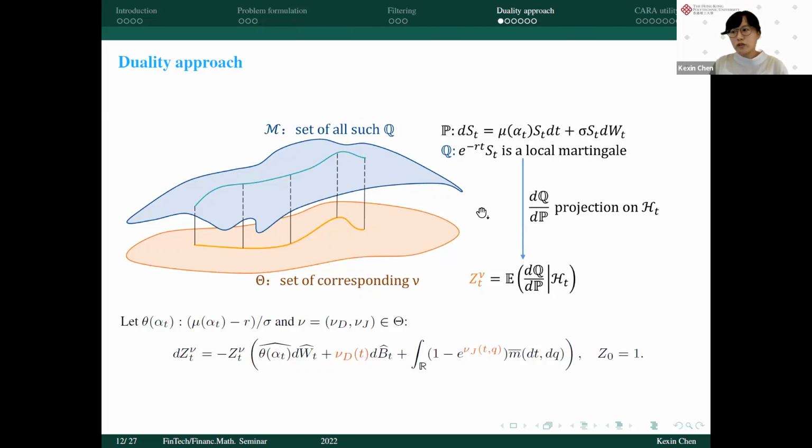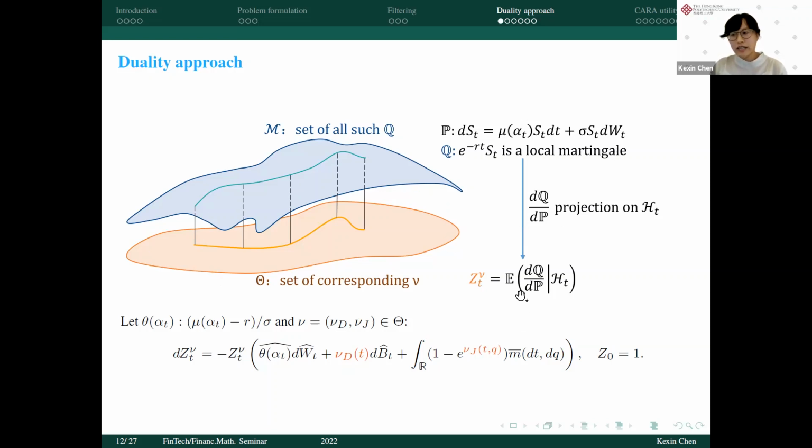And with partial information, the key is to find the projected Radon-Nikodym derivative of Q with respect to the original problem measure P. And we project it on the available information plane, illustrated by the graph here.